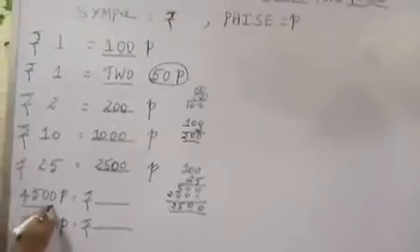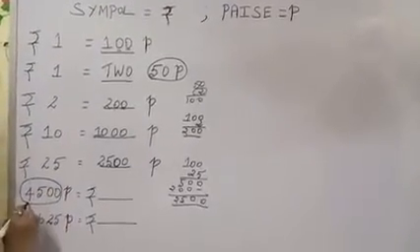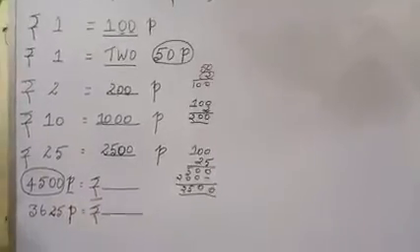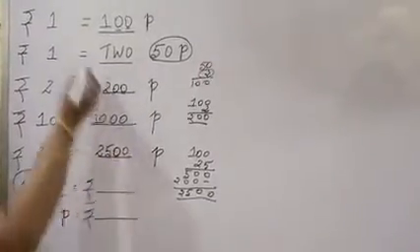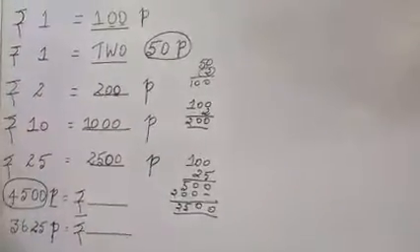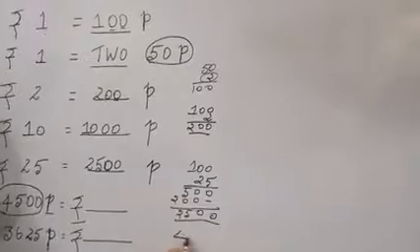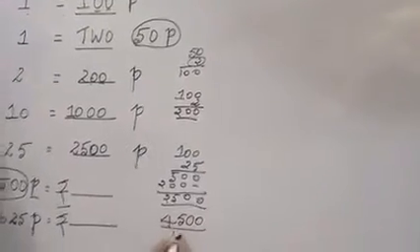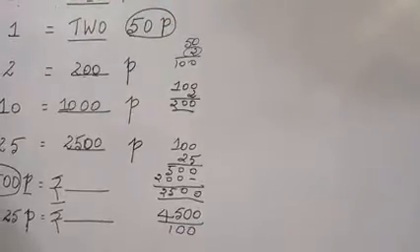Then listen. Now I give it in paise terms and I ask in rupees. 4500 paise contains how many rupees, I ask. So 1 rupee is equal to 100 paise, children. So you just have to write down the given paise and divide by 100.